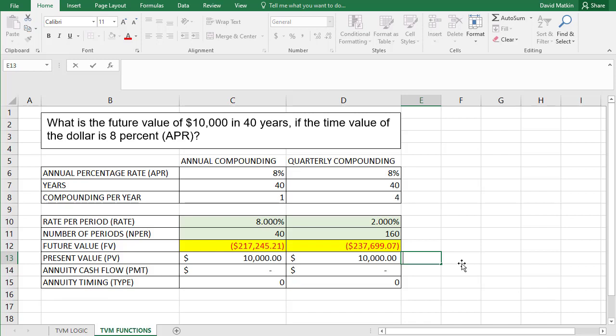By entering the present value as a positive value, we are taking the perspective of the party that's receiving a cash inflow today.